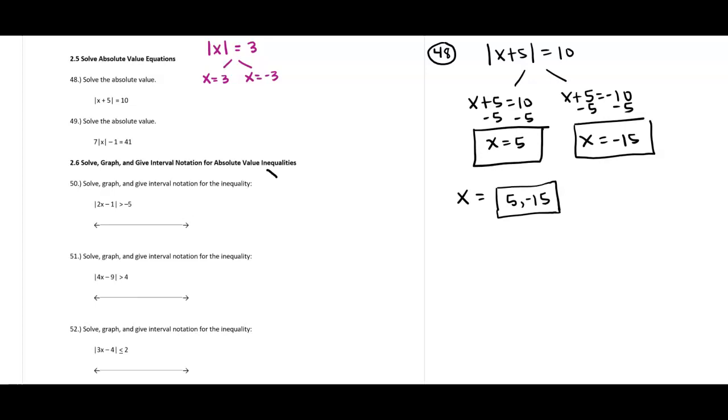So remember, if we have this symbol, this is a greater than. So we're going to be doing an or statement, and it could be the greater than or equal to. So if it's either of those two. But if it's going the other direction, I'm going to put it up here.